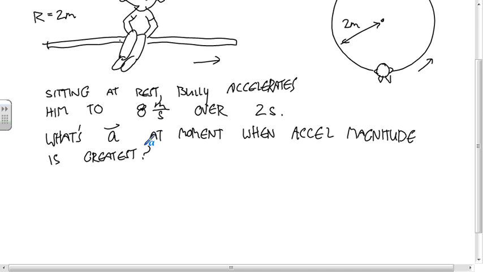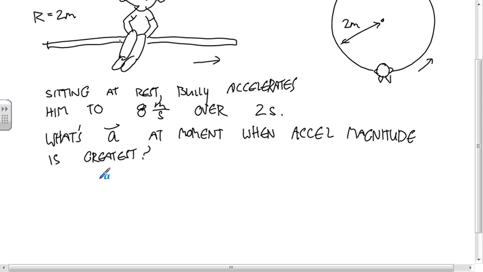Okay, so two types of acceleration go into the total acceleration, right? The centripetal acceleration and the tangential acceleration. The tangential, we're just going to use that equation. It's going to be constant. So that's not going to change, right? So the tangential part of the acceleration, there's no maximum or minimum there. That's always just a certain amount.